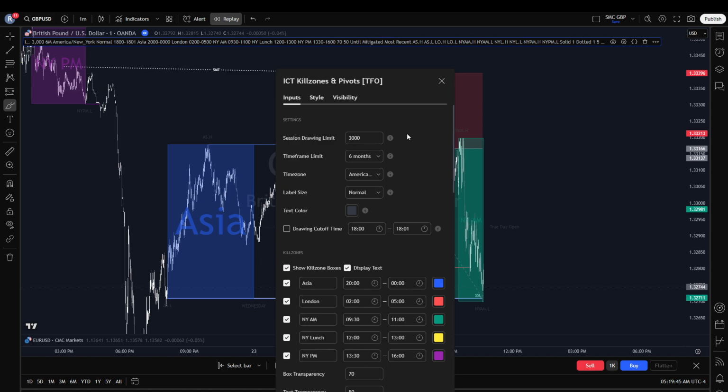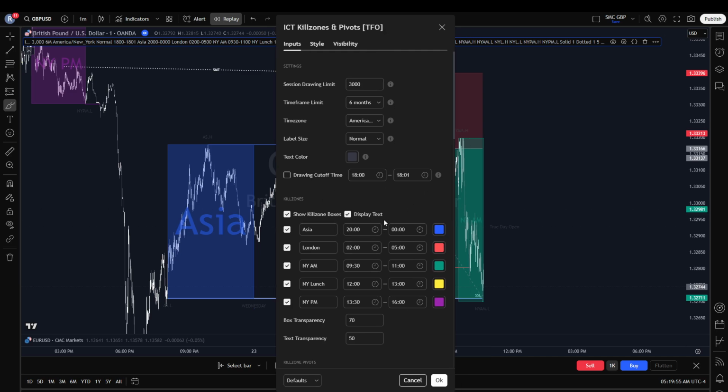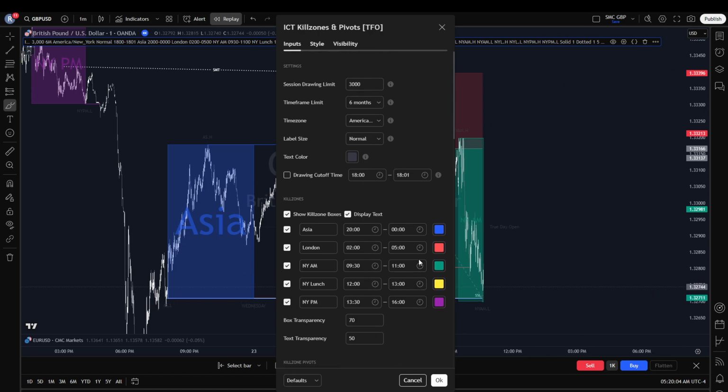So, how do you actually set up this indicator? Well, first of all, I always just use the standard time that comes with the indicator, so you shouldn't have to change it. But if you do, you can screenshot it and you can change the times to what's on the screen here. So I'll give you a second to screenshot that. And oh, excuse me. The other thing that you're going to have to change is your session drawing limit, to like 1,000 or a couple hundred.